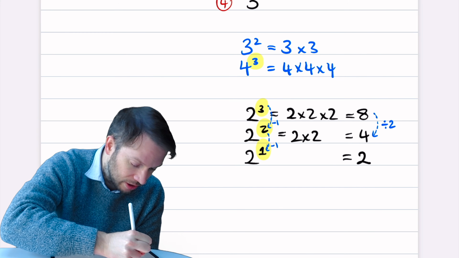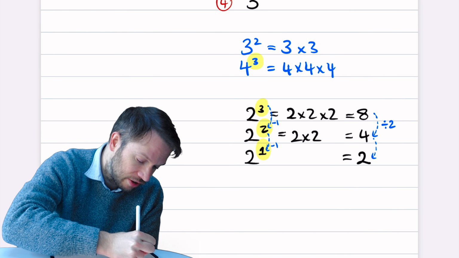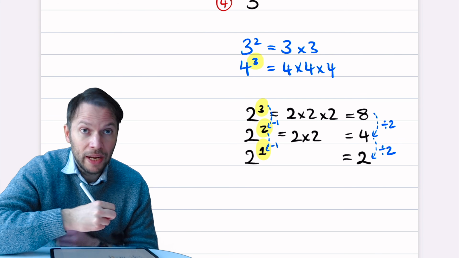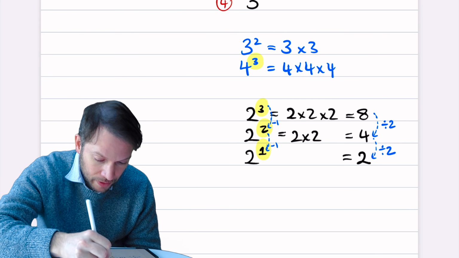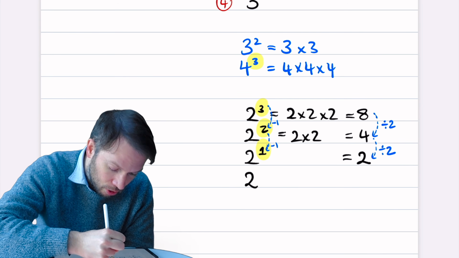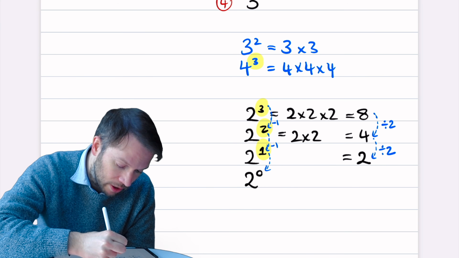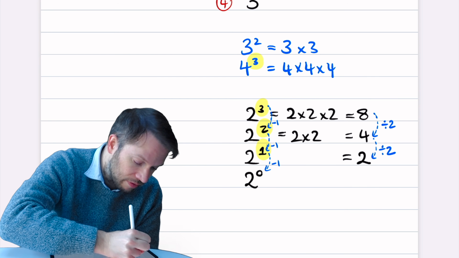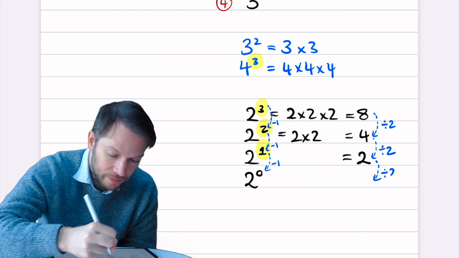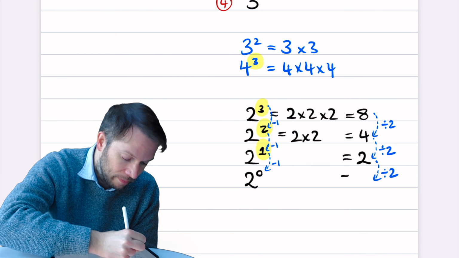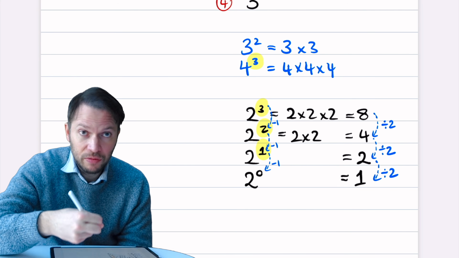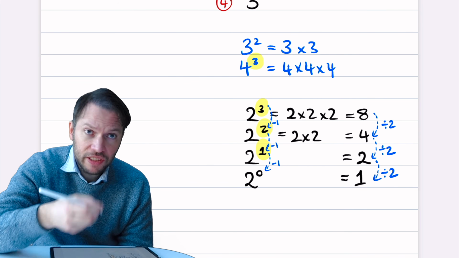So that's 2 times smaller, that's 2 times smaller, and we can keep going with this particular pattern. So if we considered 2 to the power of 0, because again, the index has gone down by 1, then if we divide the 2 by 2, then we get 1. So anything to the power of 0 is 1. We saw that in a previous video, but let's just keep going.